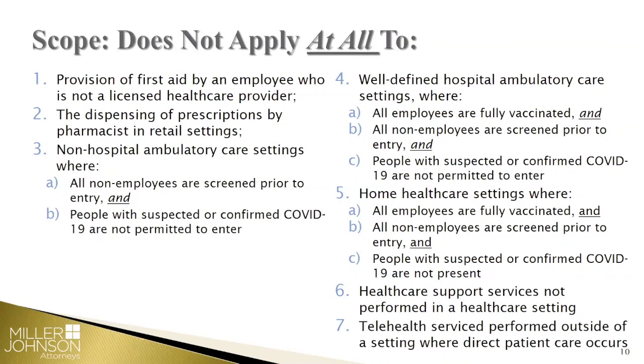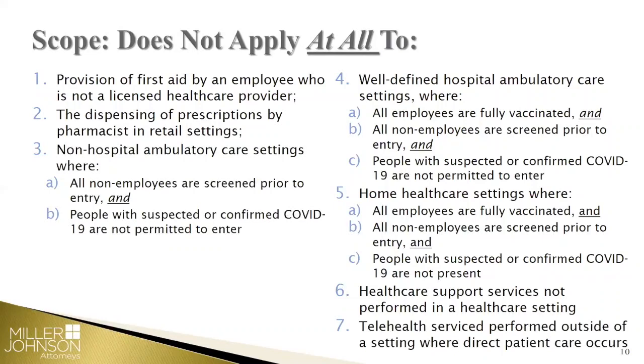And then in addition, you've got to do the screening and exclude anybody with suspected or confirmed COVID-19. So if you're an ambulatory care setting and you're in a hospital, you also have to have all of your employees fully vaccinated in order to take advantage of that exception.